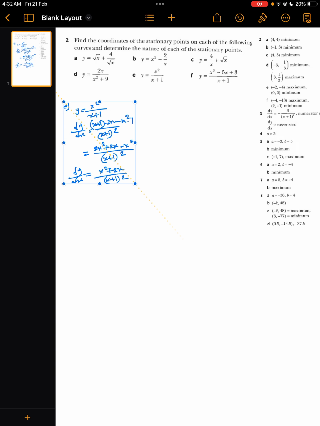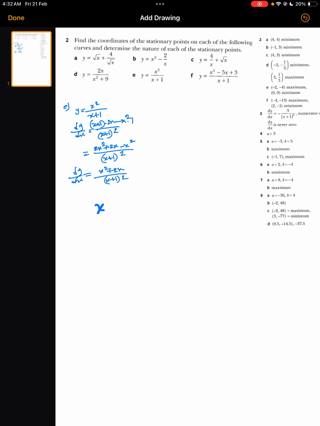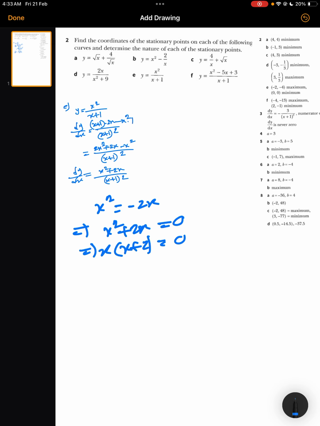Now the stationary point should be 0, I mean the gradient should be 0 here. So x squared is equal to minus 2x. It means I have to take x squared plus 2x is equal to 0. So if I take x as common, x plus 2 is 0. So x is equal to 0 and x is equal to negative 2.